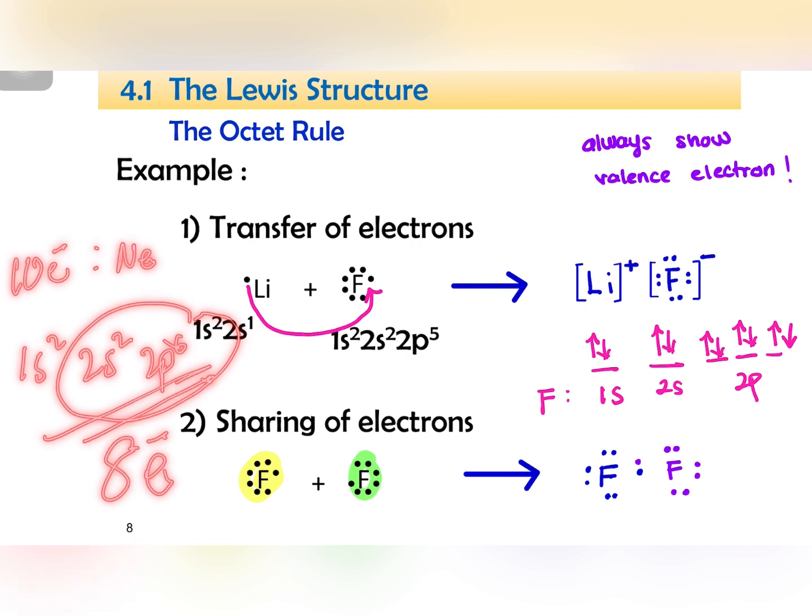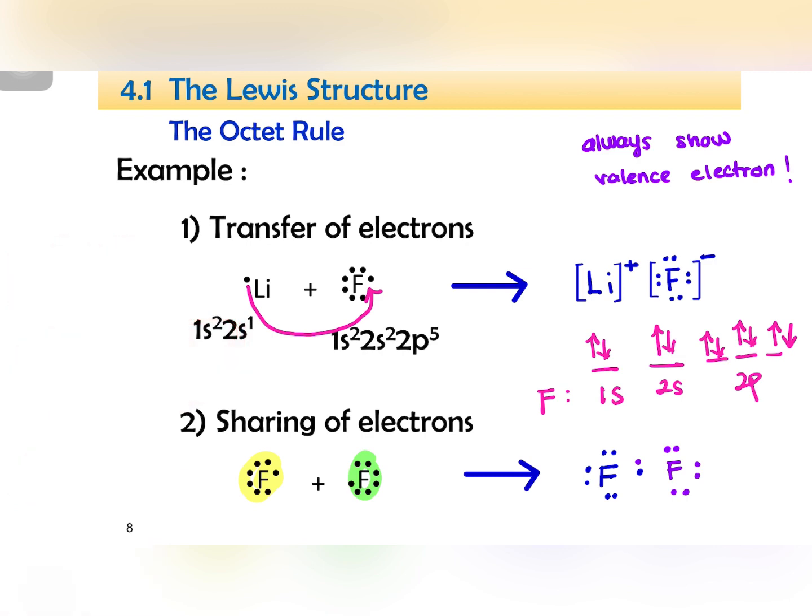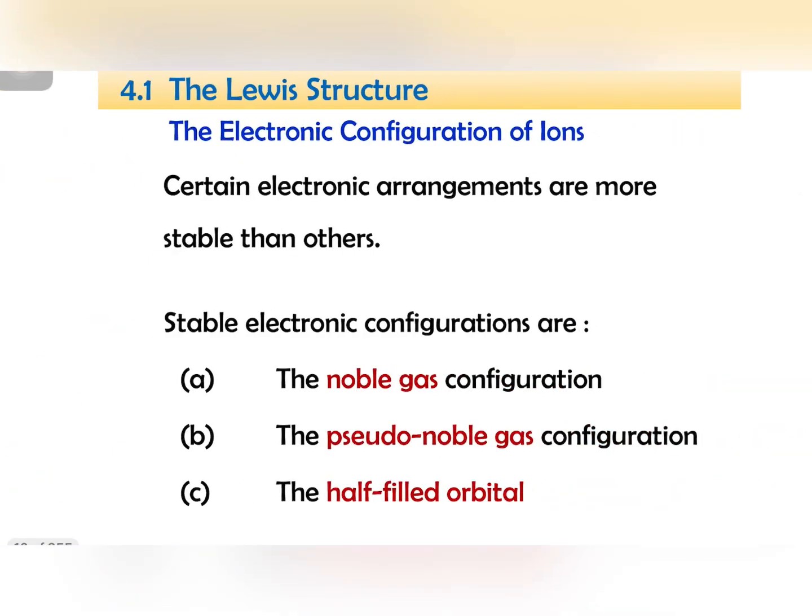So it's already capai octet stability. Okay, octet electronic arrangement. Alright, so the stable electronic configuration, okay, selain daripada noble gas configuration, kita ada beberapa jenis lagi lah. So antaranya adalah pseudo noble gas configuration.